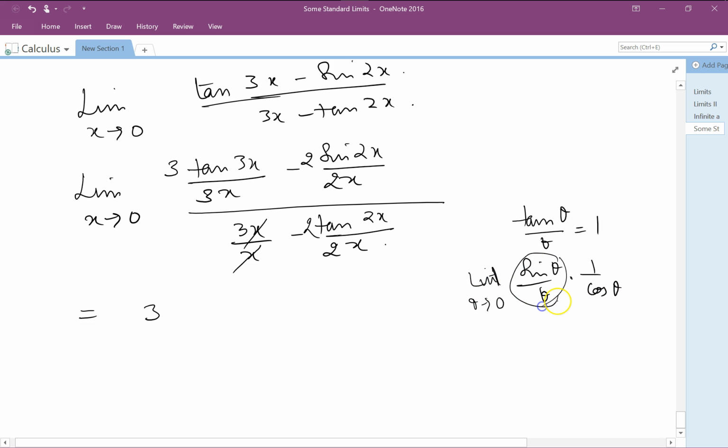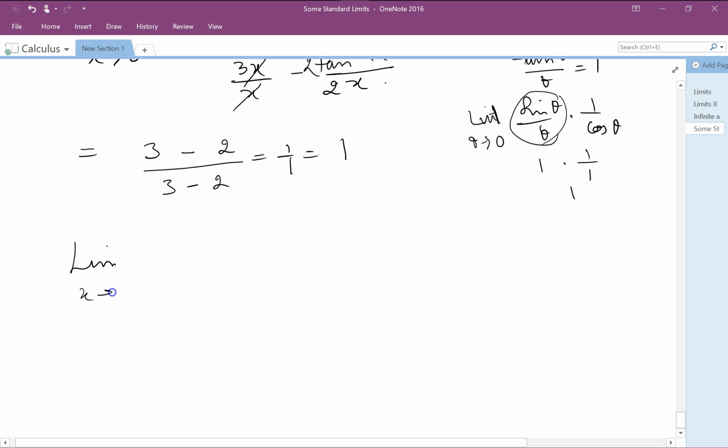Now this becomes 1. If we take the limit, 1 by cos theta becomes 1, so 1. So this is 1 minus 2 divided by 3 minus 2, so 1 by 1, which is 1.